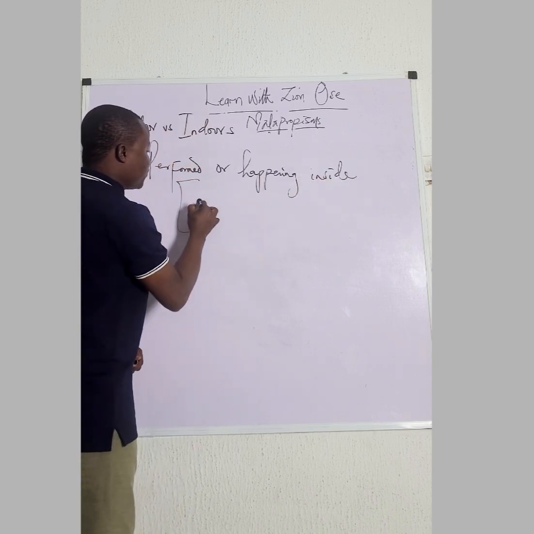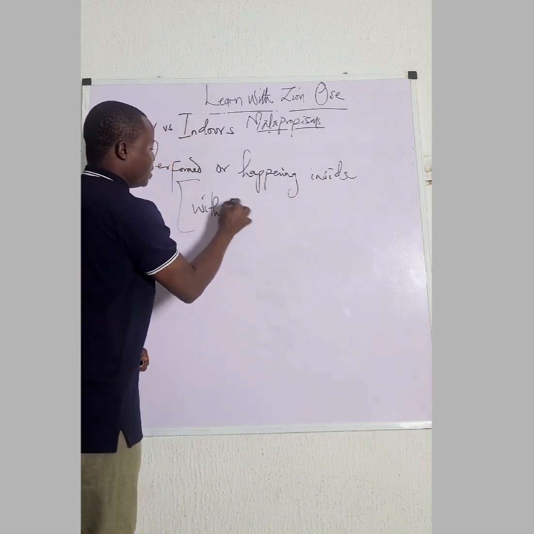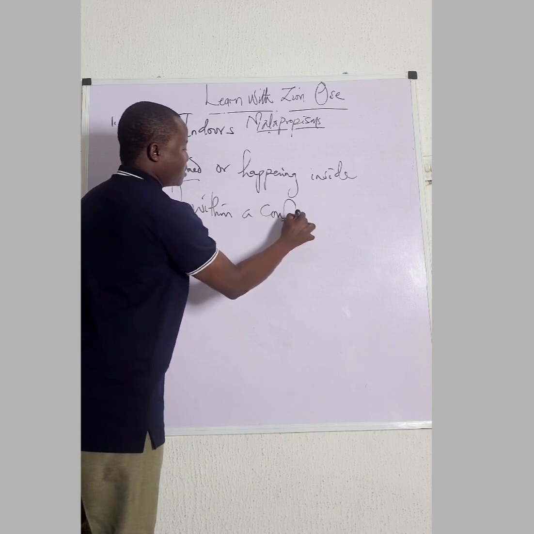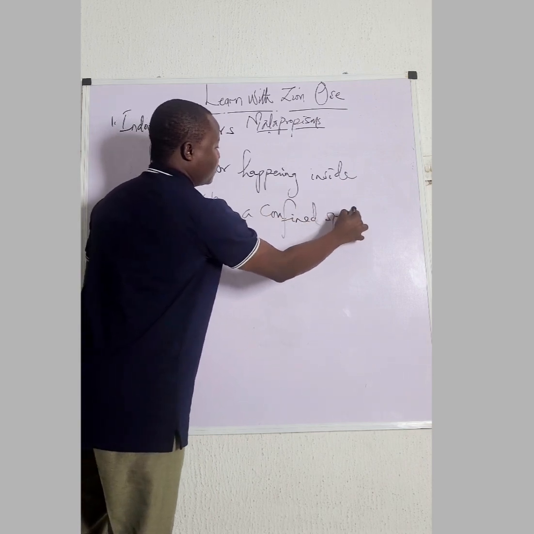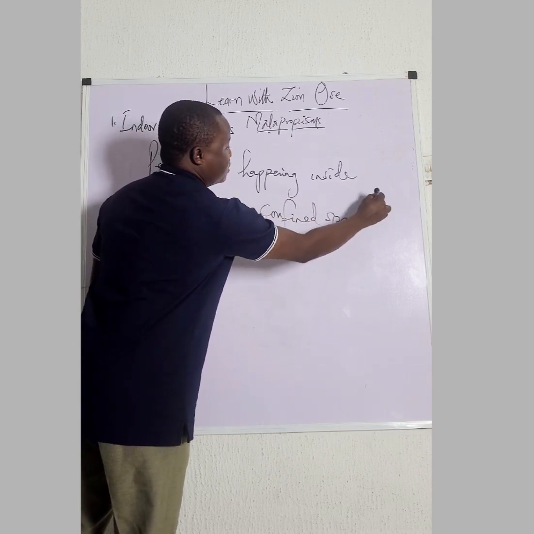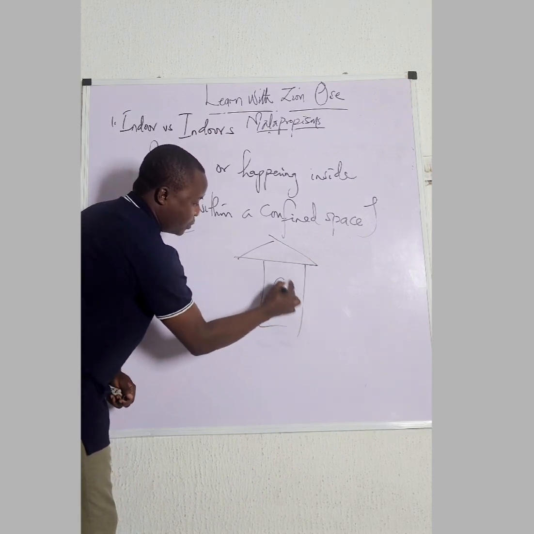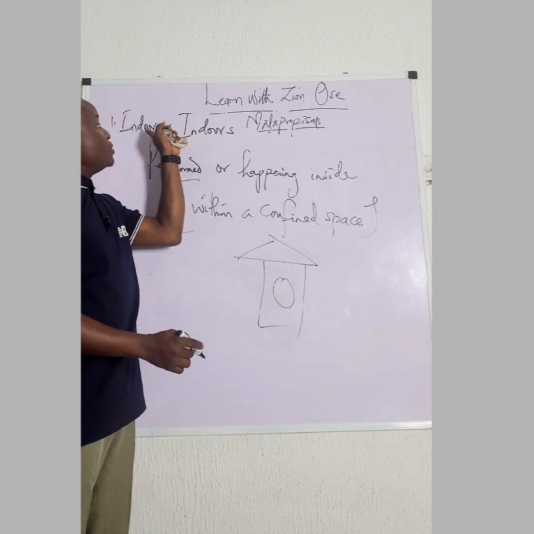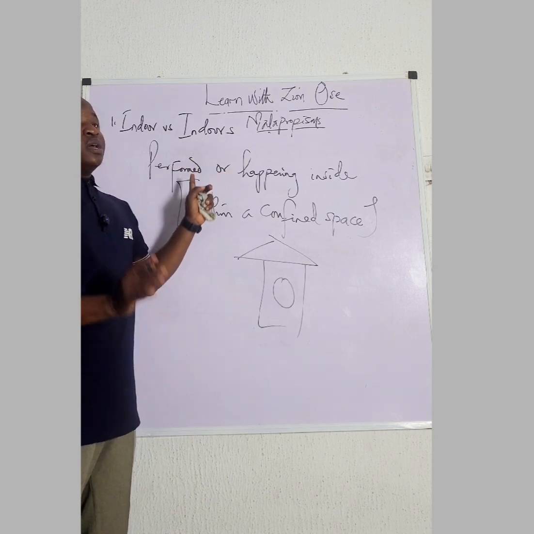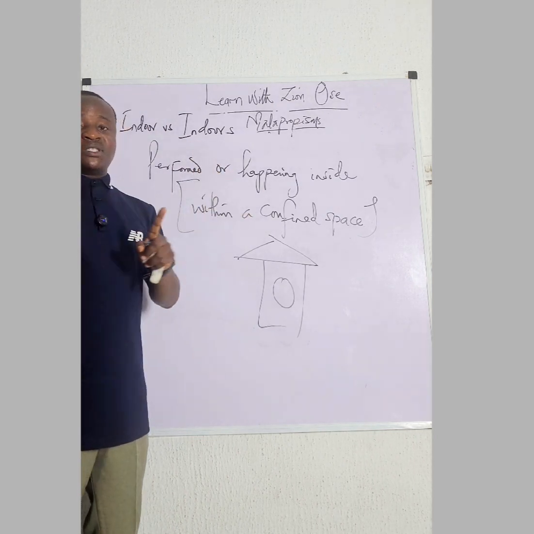That means within a confined space. For instance, I have a house, and when it happens inside of this, we either use indoor or indoors. But now that is the point of intersection.